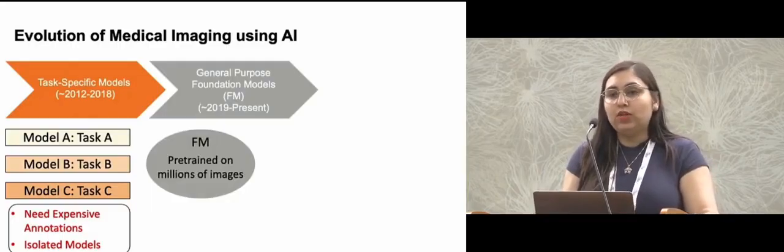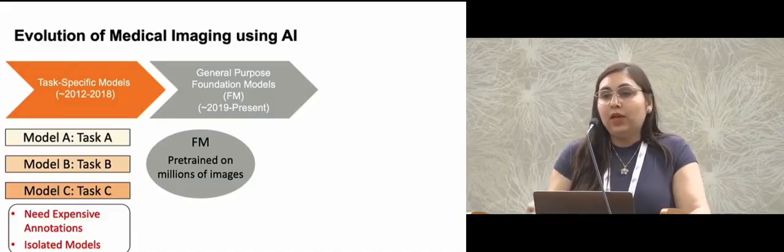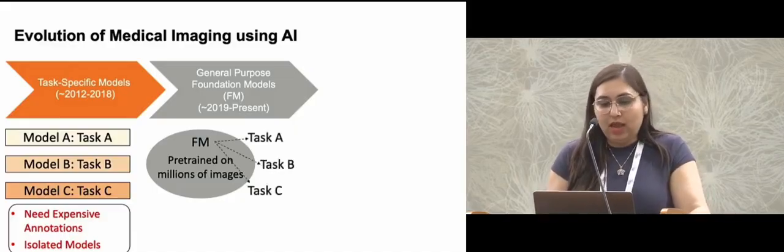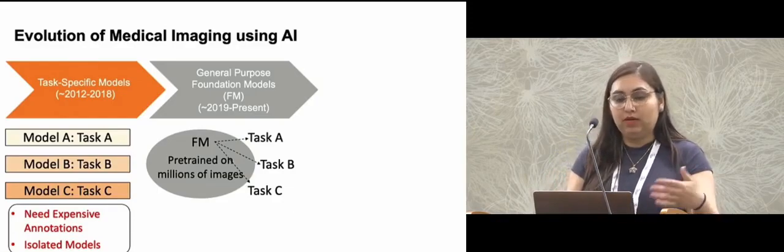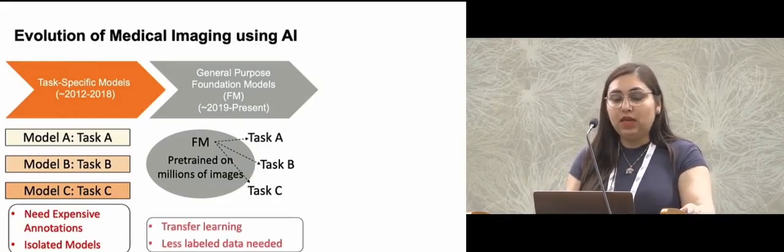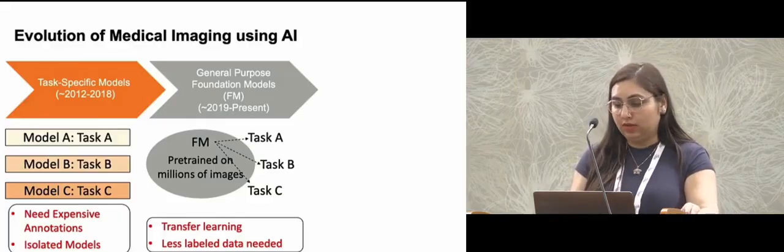Then foundation models came where we can train a single foundation model using millions of images or data points. And then one foundation model could be used for several downstream tasks. For example, here I'm listing task A, B, and C. So this requires transfer learning, and less labeled data is required for using foundation models for several downstream tasks.